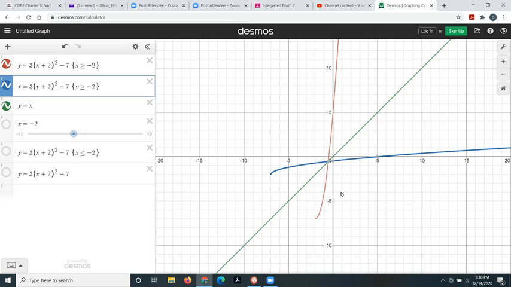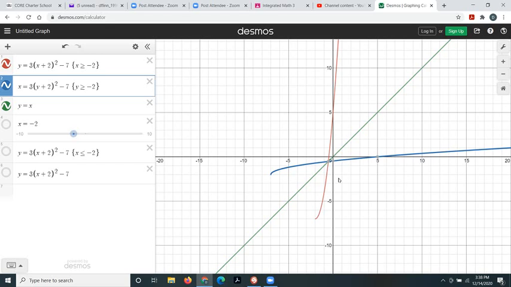So here, this blue one's the inverse function. The domain is the x values, and this is -5, -6, that's -7. So it's going to be x is greater than or equal to -7, and y is greater than or equal to -2.